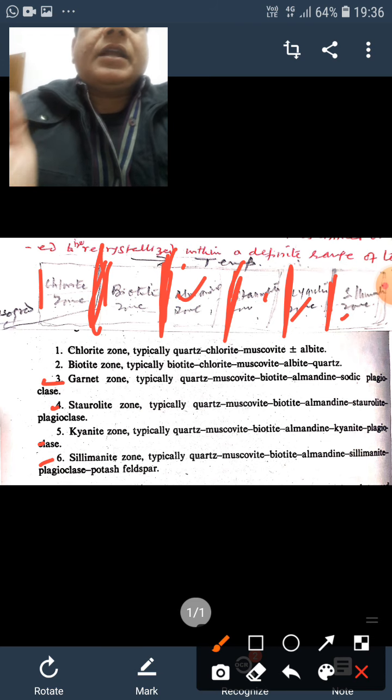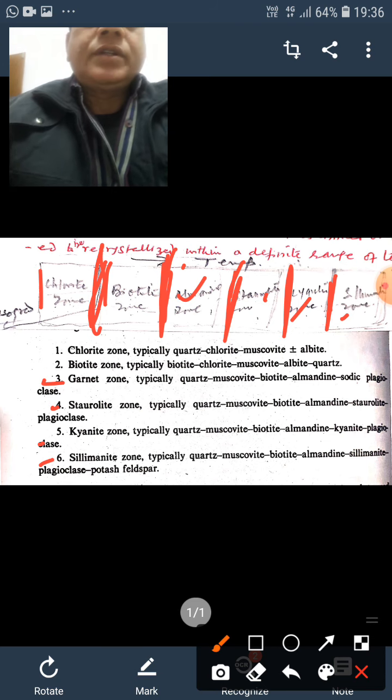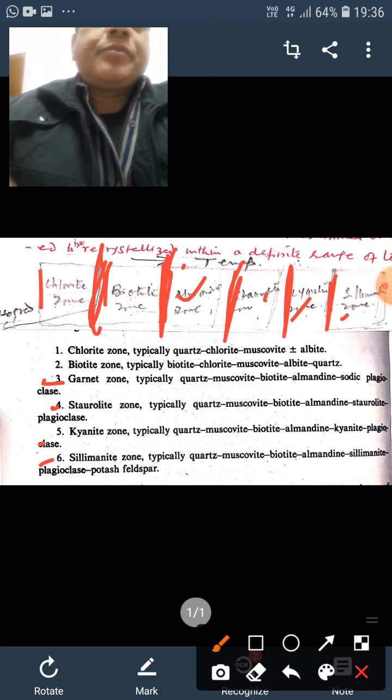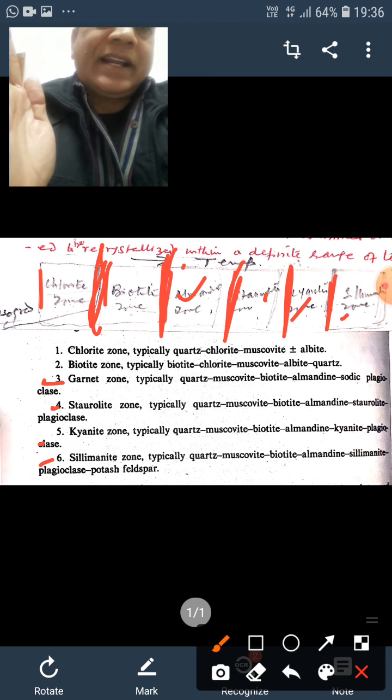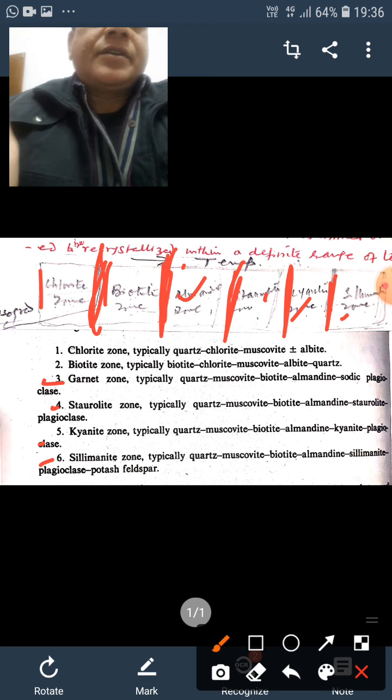Similarly, the almandine zone is between the staurolite isograde and the almandine isograde. Same way, your kyanite zone is between your sillimanite isograde and your kyanite isograde.